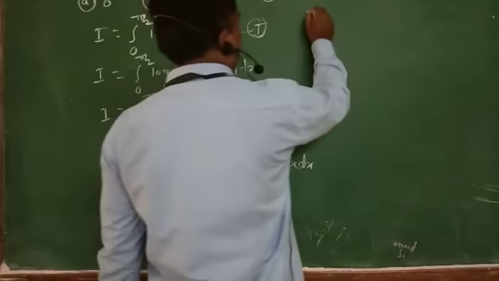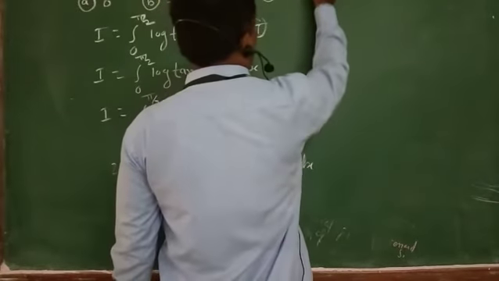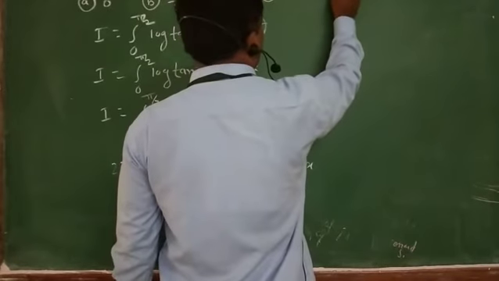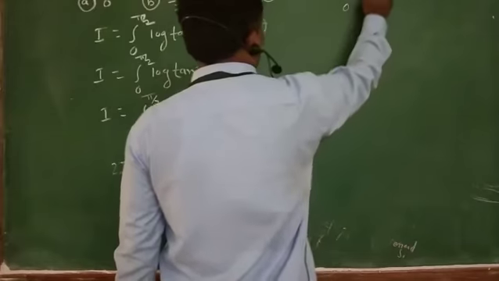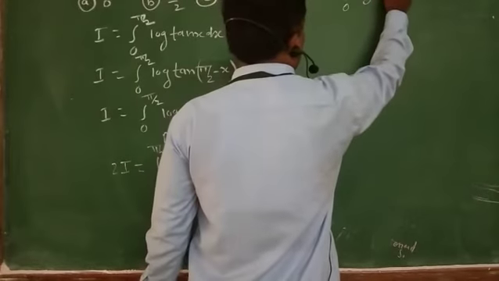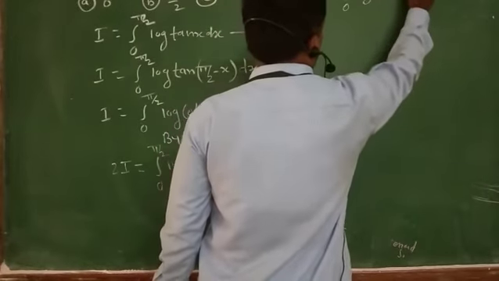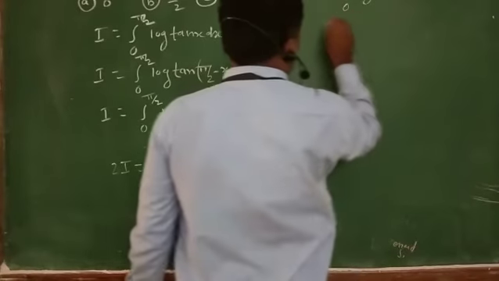That is 2I equal to integration 0 to pi by 2 log of tan into cot x dx.